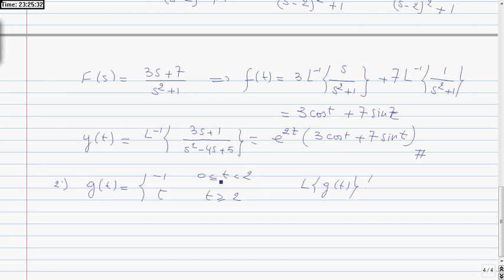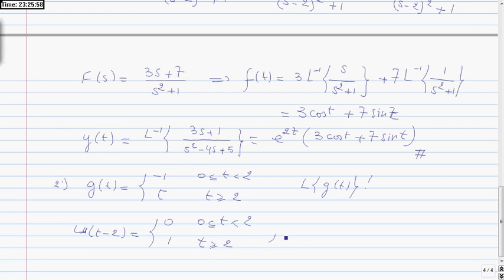Since the function is splitting at 2, that means it will involve the use of u of t minus 2, which is by definition 0 between 0 and 2, and it is 1 when t is greater or equal to 2.